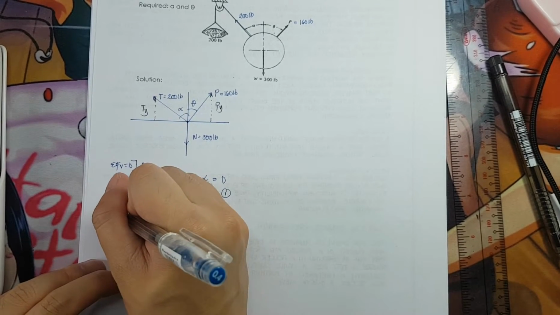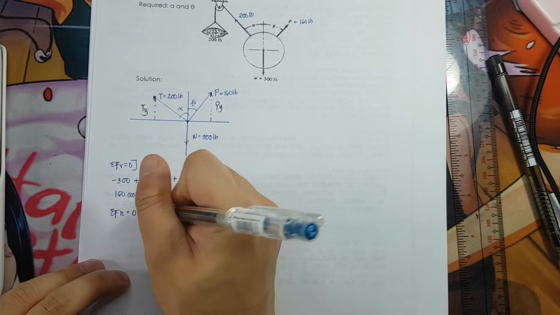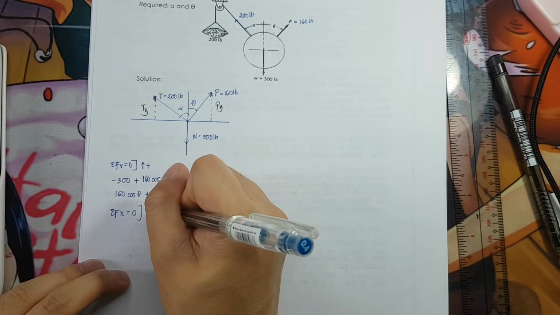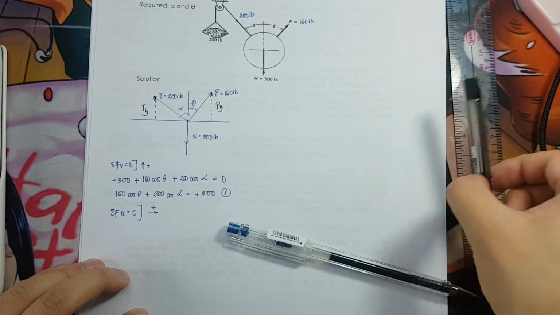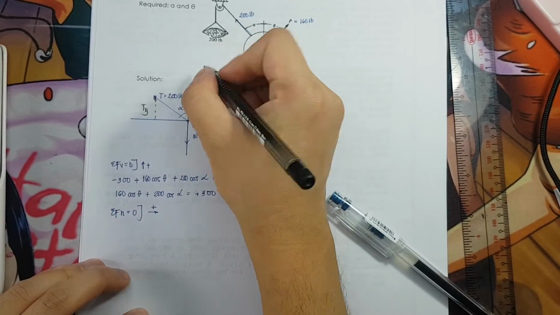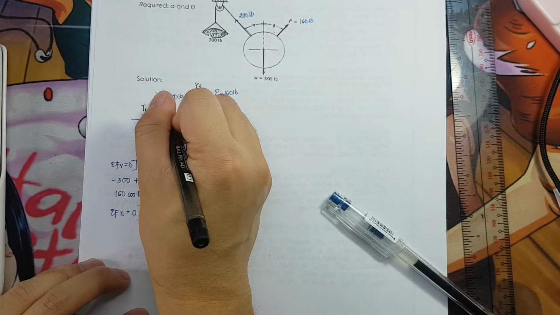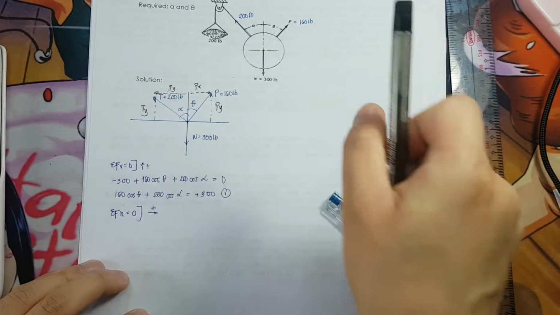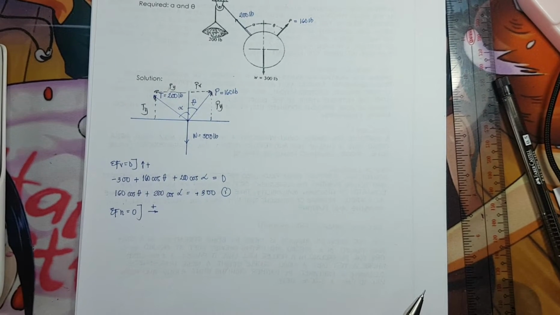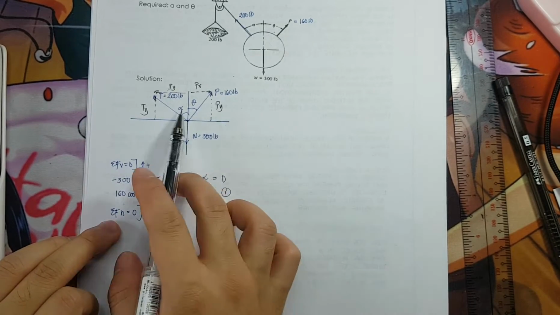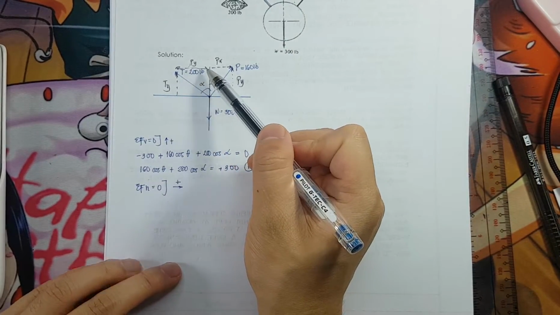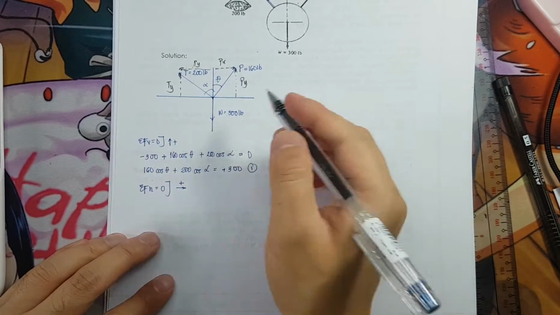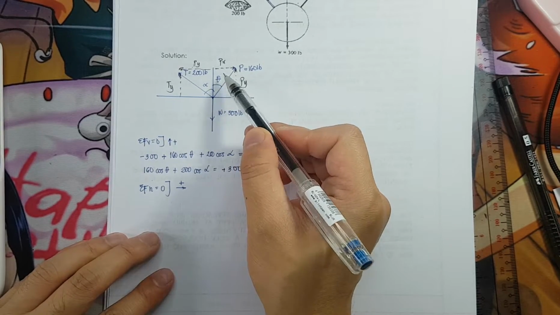Okay. Next, summation of forces horizontal is equivalent to 0. All forces pointing towards the right should be positive. So, what are the forces? I have here P of X and T of X, so that would be sine.